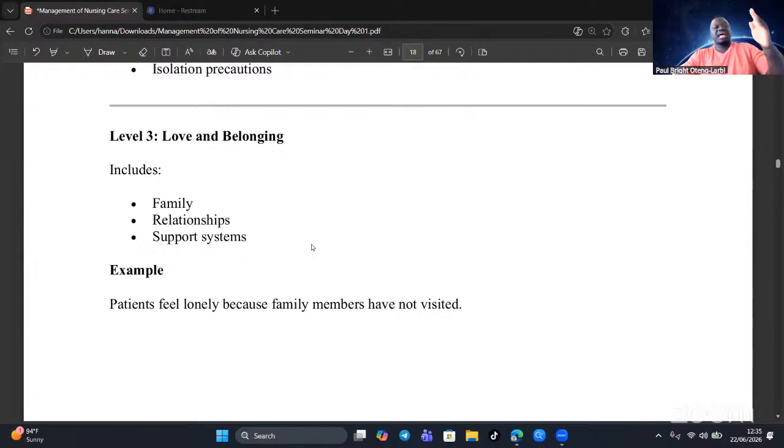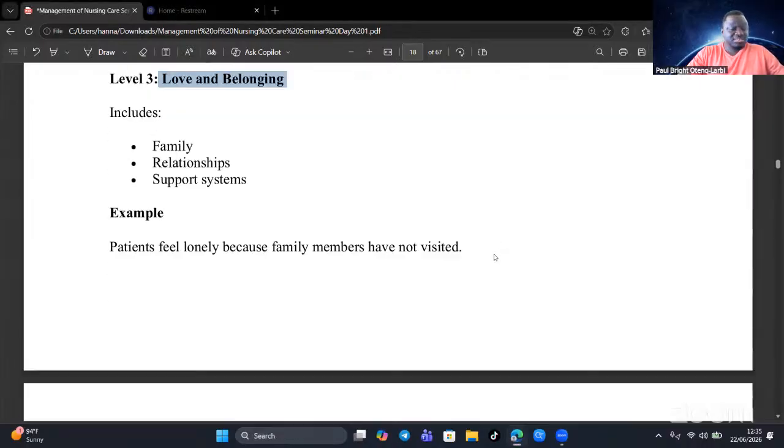Your side rails, isolation, and precautions, they are safety needs. Love and belonging: a patient on the ward is crying that nobody has visited her. You can't prioritize her over somebody who needs what? A seizure precaution. Because she has love and belongingness need problems.